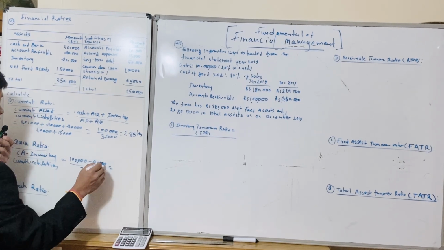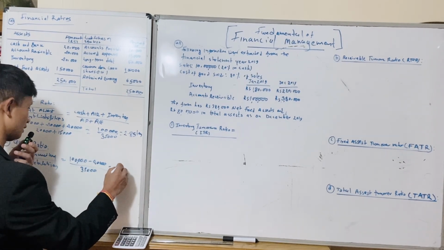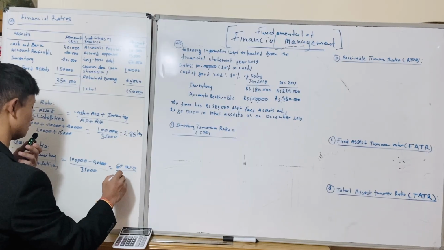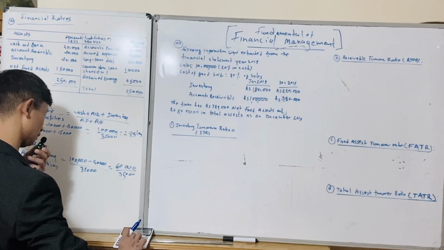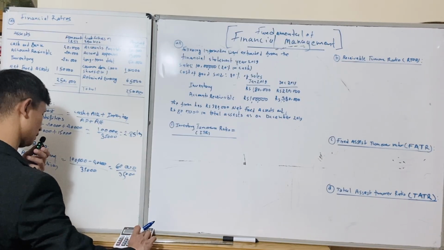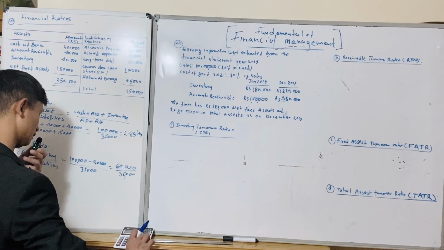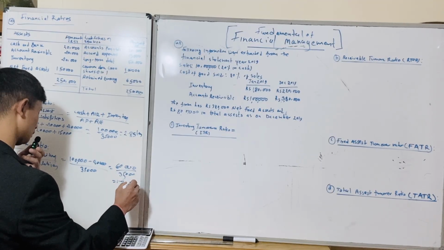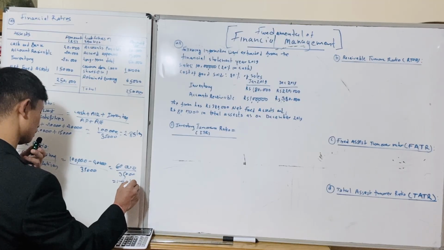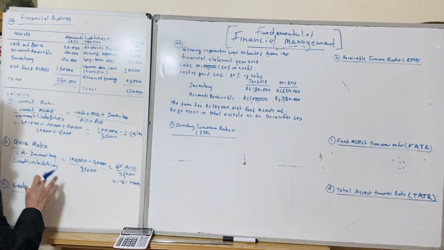So we get 100 minus 40, 60,000 divided by 35,000. We get 1.71 times as the quick ratio.